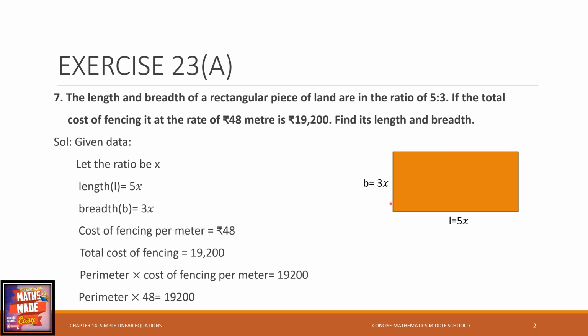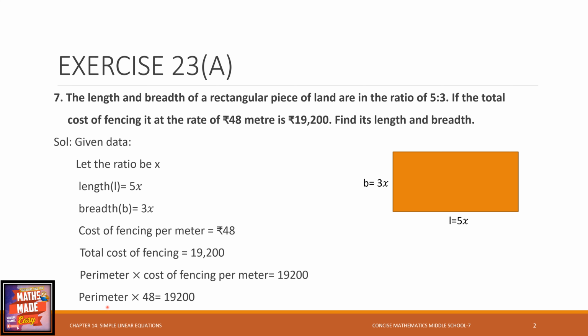For fencing this total area, what is the cost of fencing per meter? For per meter he is charging 48 rupees. He has to fence the whole of this, right? So you can multiply it. So you will get the total cost that you need to spend for fencing it. So that is 19,200. Right, children?